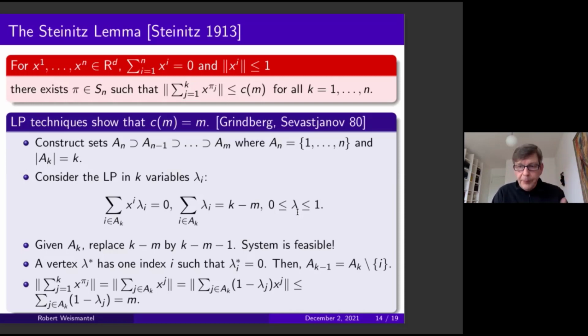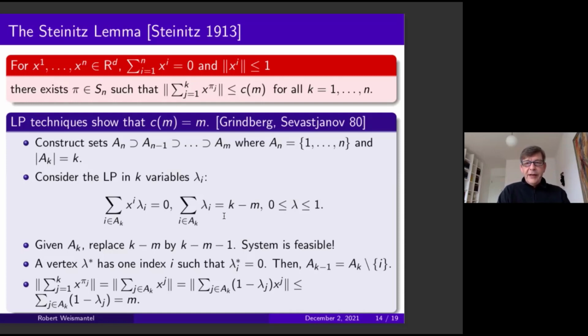This is really LP theory, because you have here m equations or d equations plus an extra one that gives you m plus 1. If you do the calculation right, at most m plus 1 of the variables can be fractional, all the others have to be integral. And it's simple to see that you cannot set k minus m minus 1 many other variables to be equal to 1, because that would violate the last constraint. So one of them has to be 0. That's a very pretty LP theory argument.